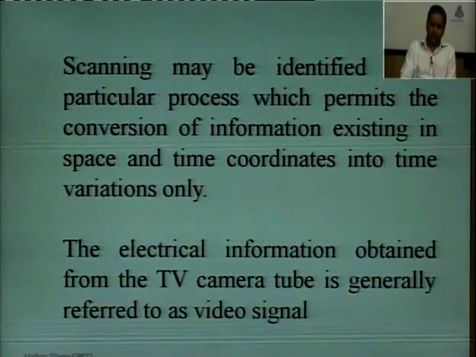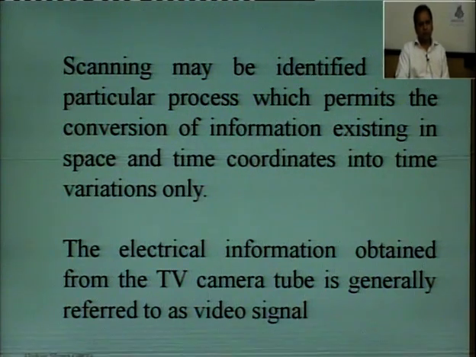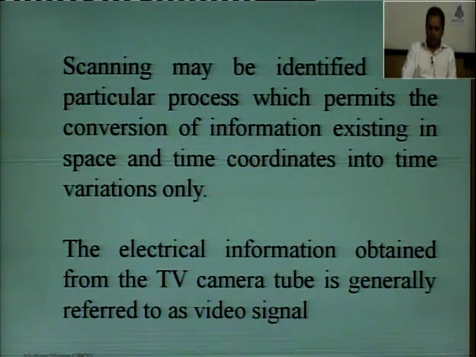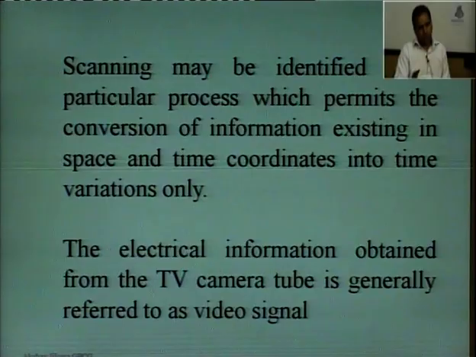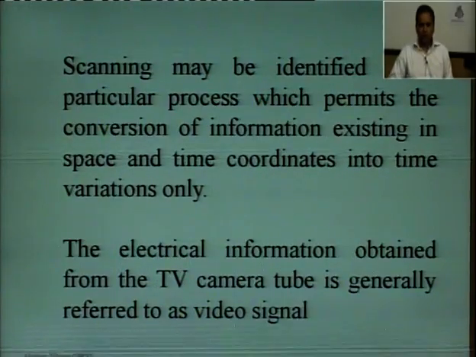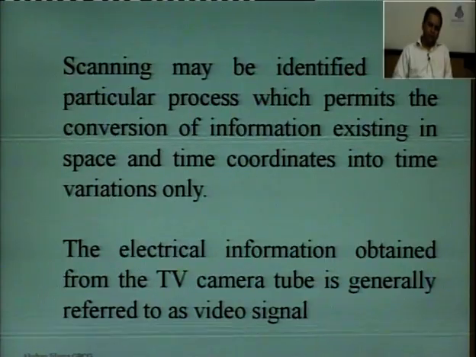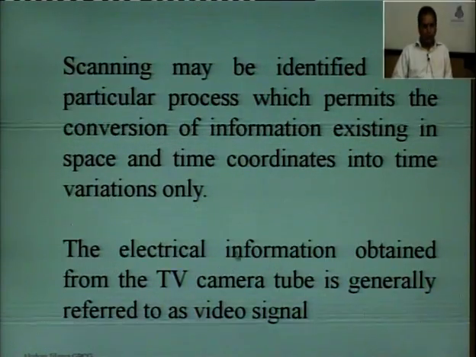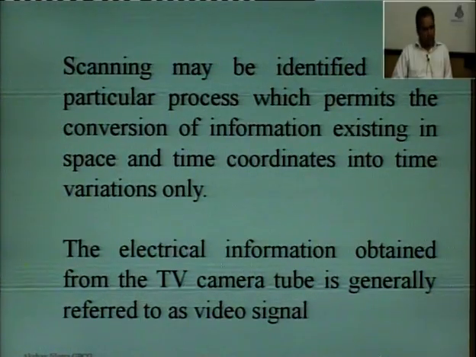Scanning may be defined as a process which permits the conversion of information existing in space and time coordinates into time variations only. As we already have discussed, the picture is a function of space and time, and with the help of scanning we get an electrical signal. The optical information is converted into electrical signal, and it remains a time variation only.